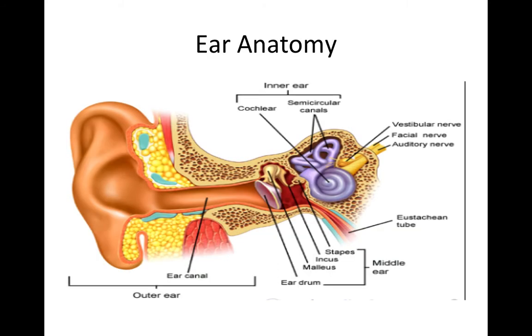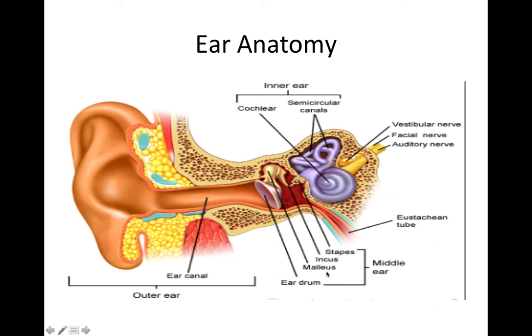So first we're going to look at ear anatomy, and all parts of the ear are associated or lie within the temporal bone. The external ear, which is labeled here as the outer ear, funnels air vibrations towards the middle ear. As you can see, the middle ear is labeled here. The middle ear is a cavity within the temporal bone, and it contains the ear ossicles, which are the stapes, incus, and malleus.